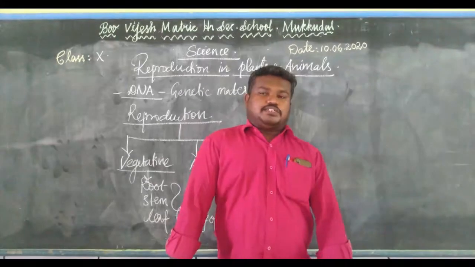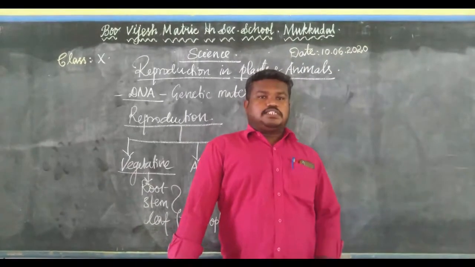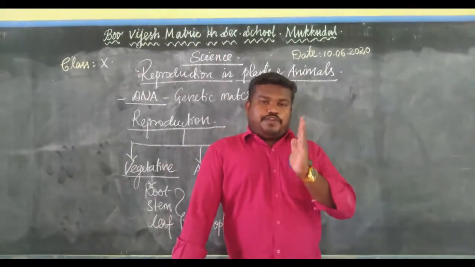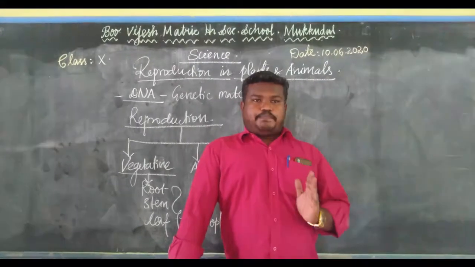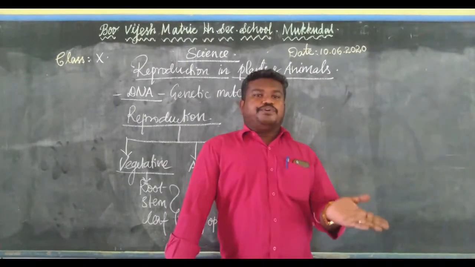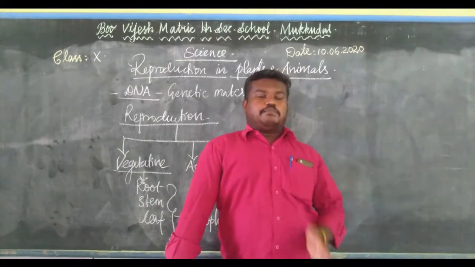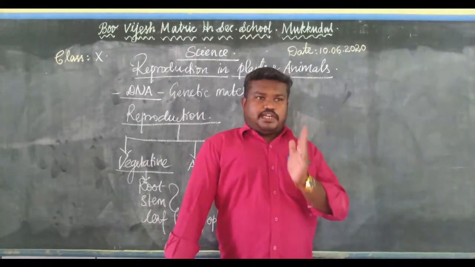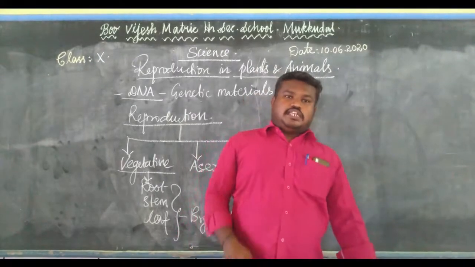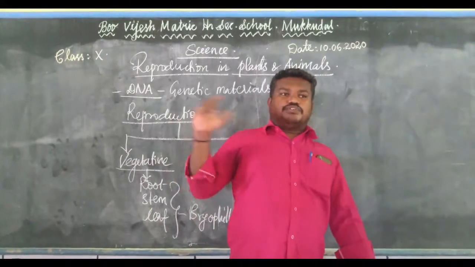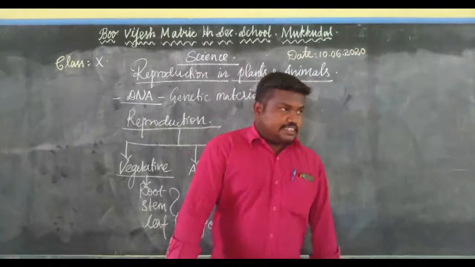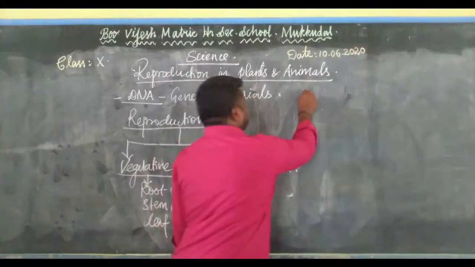Then fragmentation. Fragmentation means every piece of the body of the plant or organism produces young ones. Fragmentation means fragment, to cut. So each and every body piece produces young ones. For example, spirogyra.